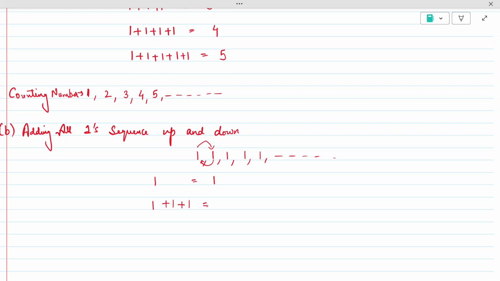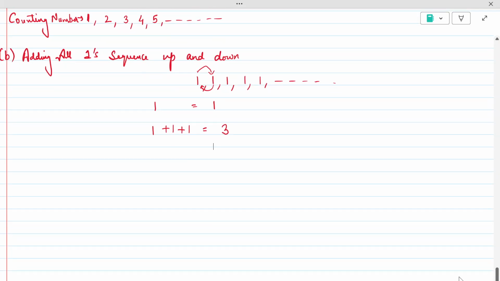So this will give me 1 plus 1 plus 1, 3. Next is this one plus this one plus this one as up, 1 plus 1 plus 1, and then down 1 plus 1. Okay, so these two ones. So if we see, this is number 5.